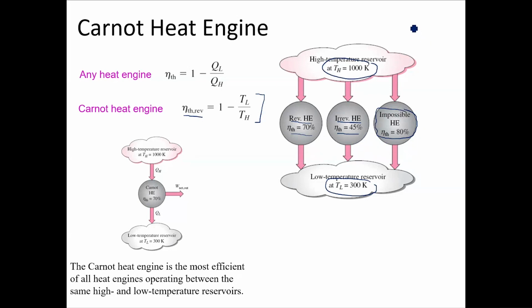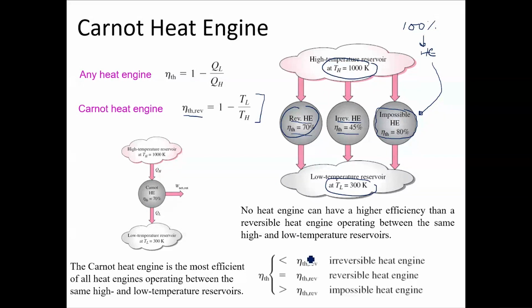So now you have an answer: if you don't have 100% efficiency for a heat engine, how can you determine the maximum efficiency that is achievable? For a heat engine operating between 1000 and 300 Kelvin, it cannot have an efficiency of more than 70%.